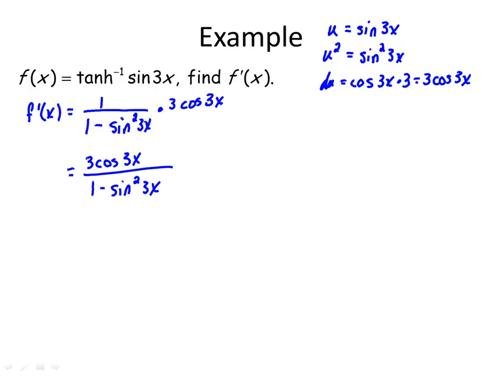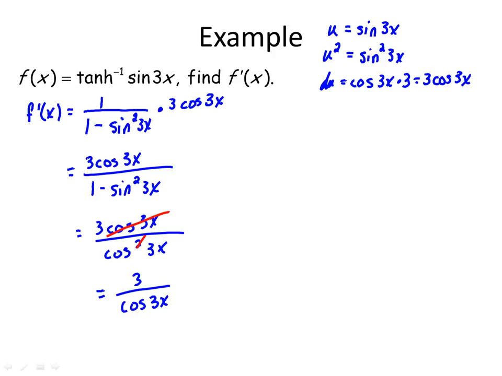Yeah, you have your Pythagorean. 1 minus sine squared 3x is the same as what? Now what? Yeah. Now you can cancel out a cosine 3x. Now you can stop.